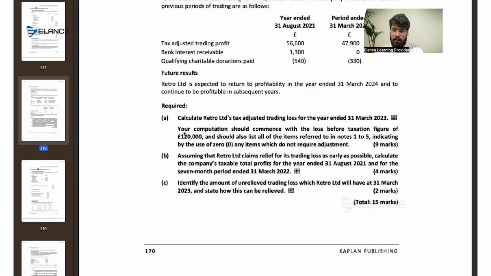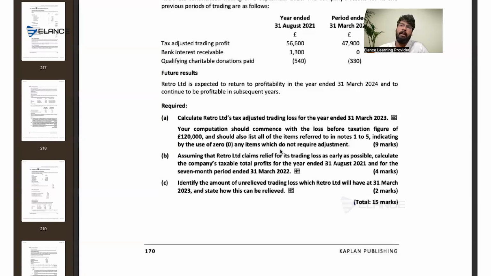Here your computation should commence with the loss before taxation figure of 120,000 and should also list all of the items referred to in notes 1 to 5, indicating by the use of 0 any items which do not require adjustment. These rules we should follow.